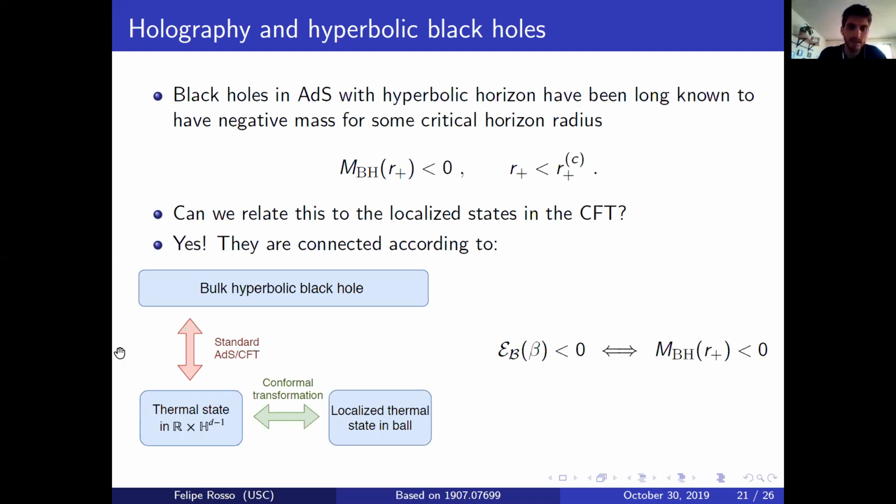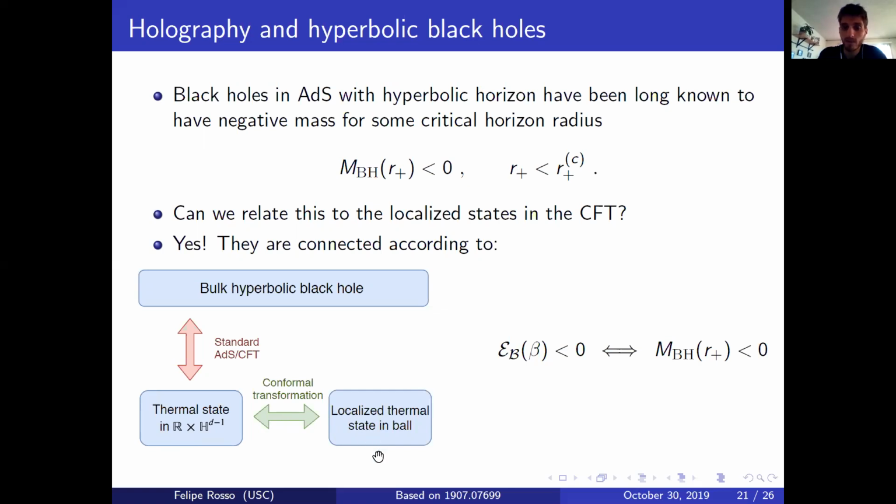This can be schematically shown in this diagram that you have here on the left. Let us start with this on the right-hand side. On this little box, what we represent are the localized thermal states in the ball. Okay, these are the states we discussed at the beginning. And so far I've shown you that applying a conformal transformation, we can map this to ordinary thermal states in the hyperbolic background.